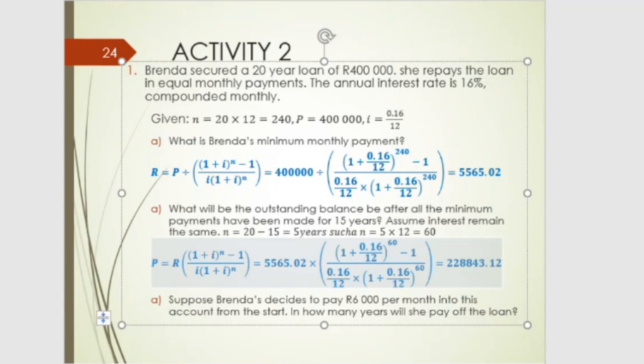This is because of the interest. After 15 years, 228 is above 50% of this 400, so you still need to pay the 228. It's because of the interest that is charged.